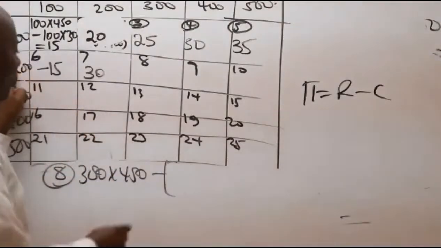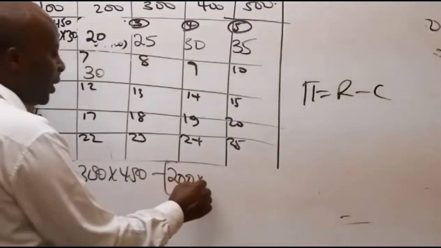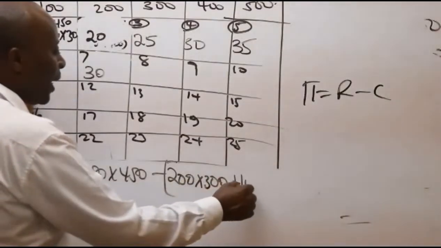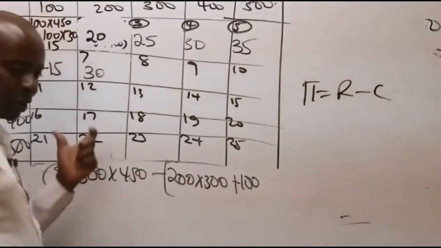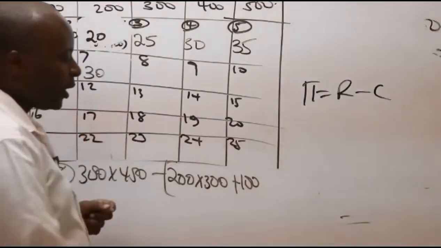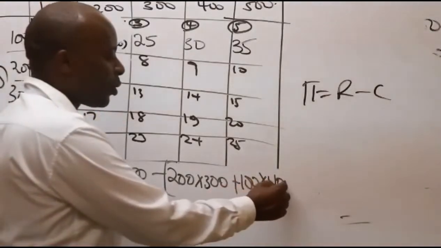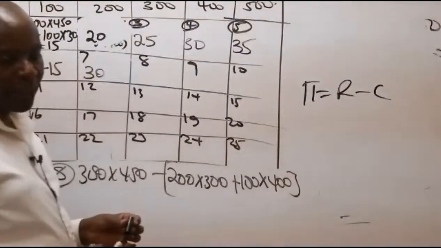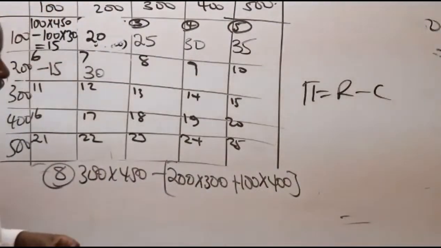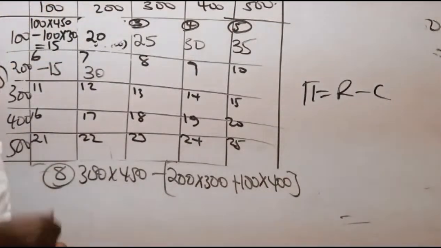There is the normal cost of producing 200 at 300, plus 100, because now we have to push up 100 times the cost of producing more, which is 400. Let's see whether it will come to 0, Njeri, or 25.